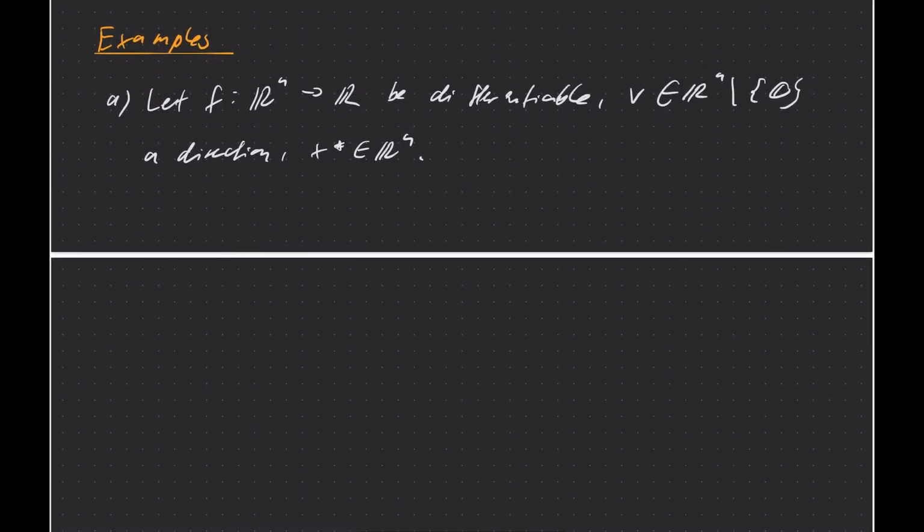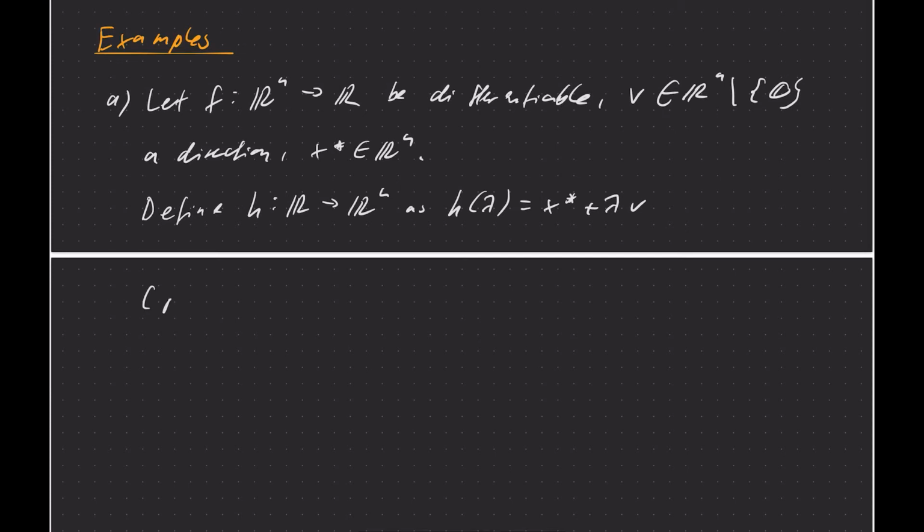And then we can define a function h basically as the line through x star in direction v, or parametrization of that line. So we define h from R to R^n as h of lambda is defined as x star plus lambda times v. Now that's a function from the reals to R^n.